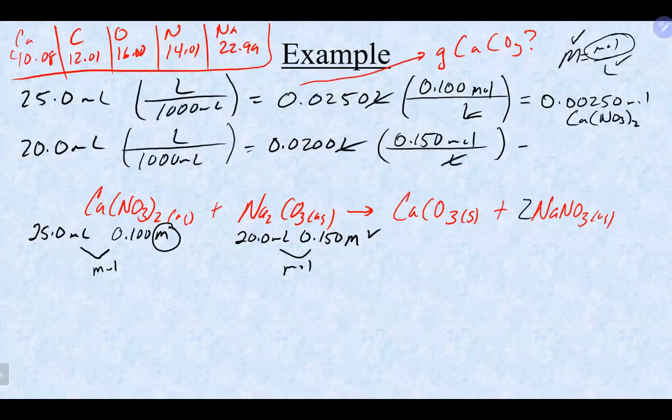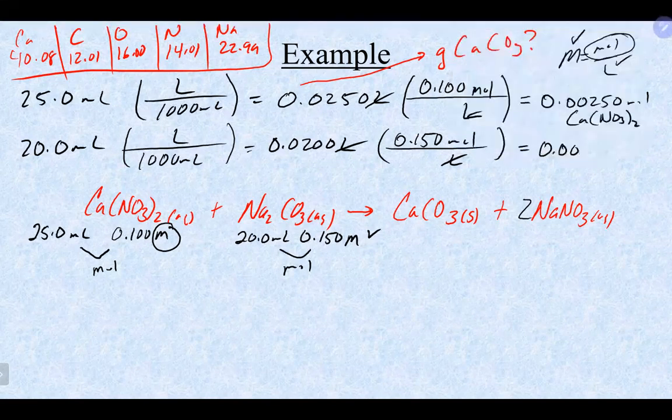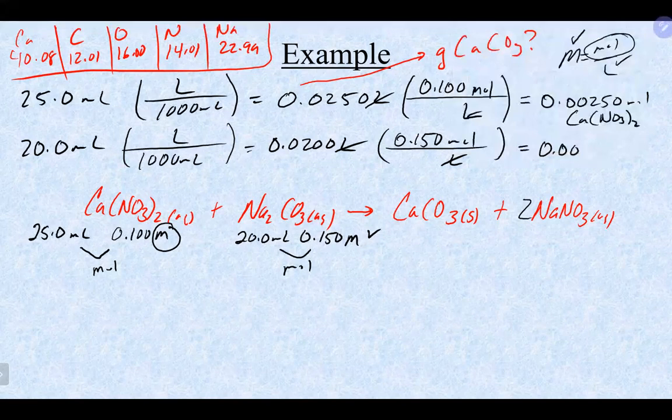The liters cancel, and that gives us 0.02 times 0.15, which is 0.0030 moles of our sodium carbonate.